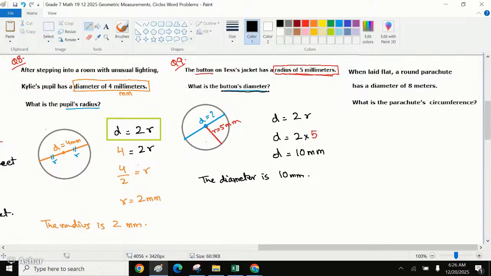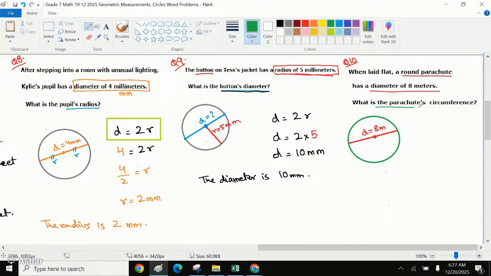Question number 10 says, when laid flat, a round parachute has a diameter of 8 meters. That means the diameter is given to us. If we draw a circle for our understanding, the diameter in the circle is 8 meters. What do we need to find?